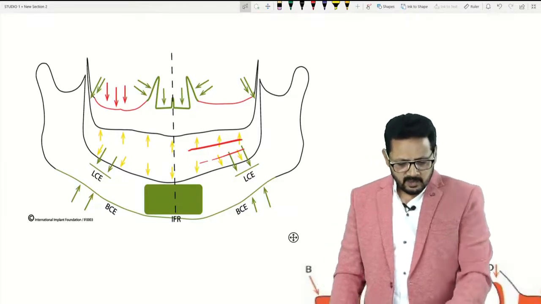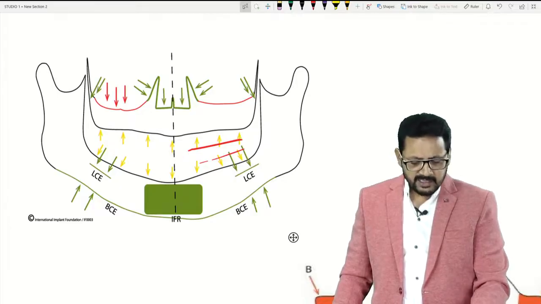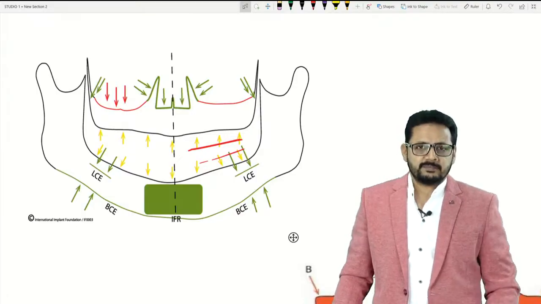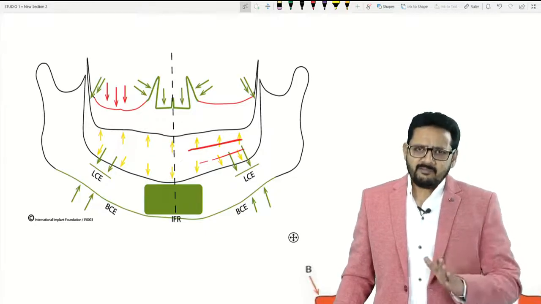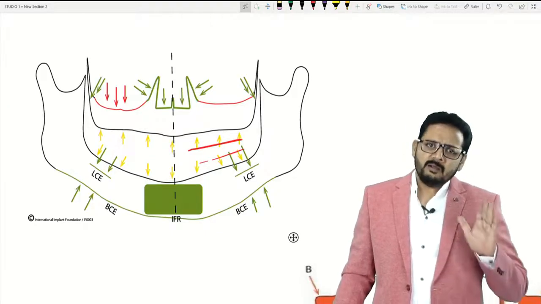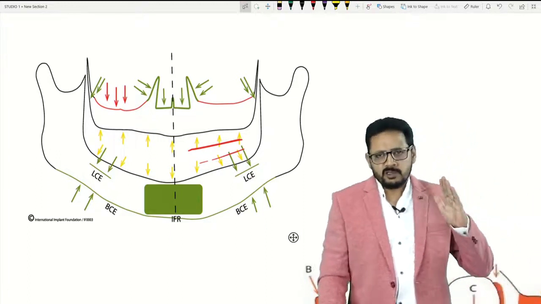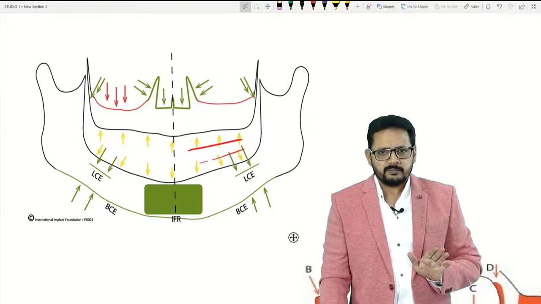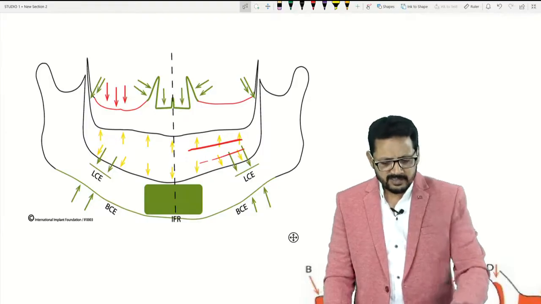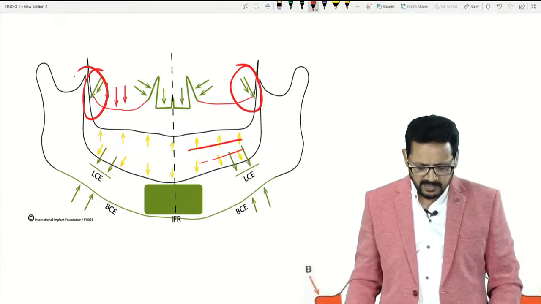Here also, the nasal floor region, the red color arrows that you are seeing, is the pneumatization of the sinus. Most of the times, if you have other bones, you can always avoid it, but you can always go palatally, as I explained to you in the sinus region. If you go too much palatally also, it is good, nothing will happen, you can always bend it. And this is the posterior wall of the sinus, these regions.